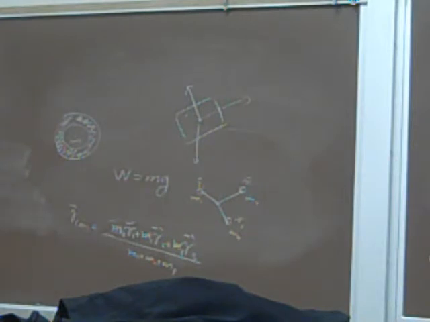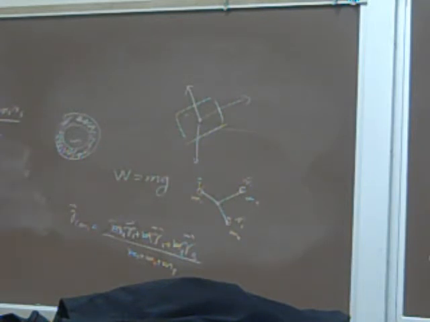So actually, you need to write this down along the x direction, y direction, z direction. For this equation, the x position of the center of mass equals M1 x1 plus M2 x2 plus M3 x3, divided by M1 plus M2 plus M3.